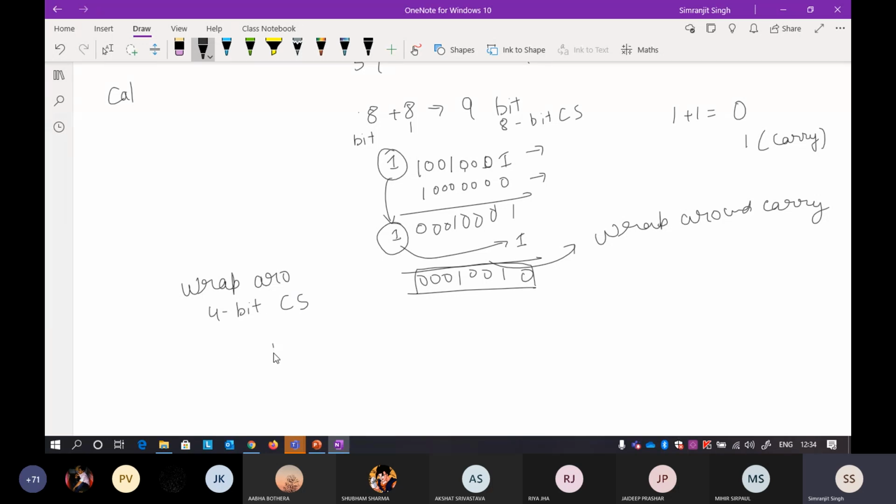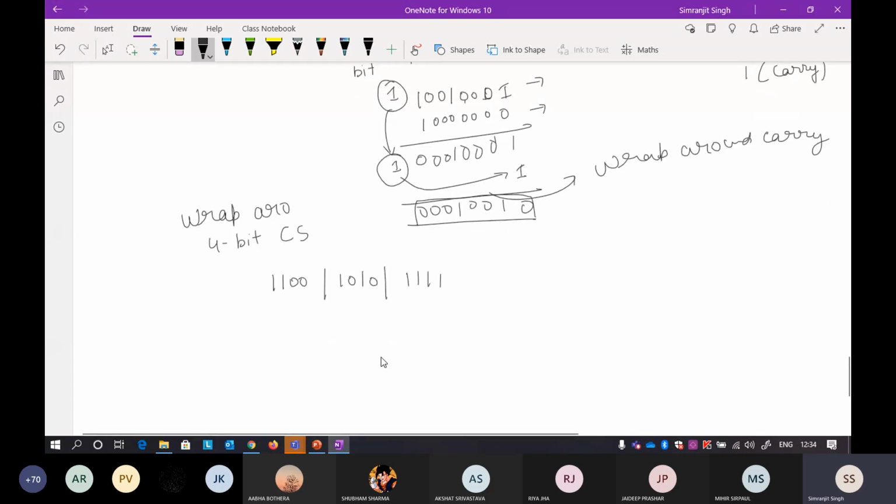Suppose I am sending the data 1100, then 1010, and then 1111. Suppose I want to send this data towards the receiver. Now I will add these three numbers.